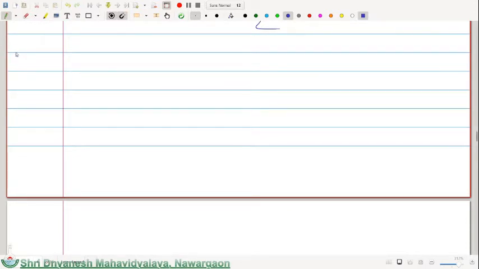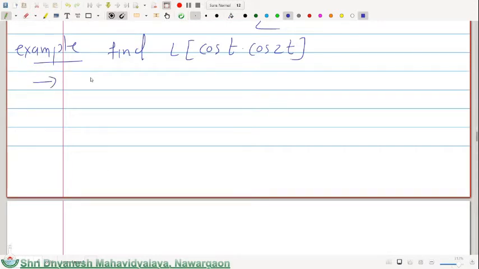So next example we take, find the Laplace transform of cos t into cos 2t. Okay, solution, we know that we have the formula, cos t cos 2t.